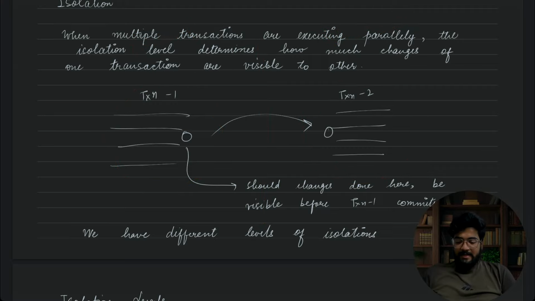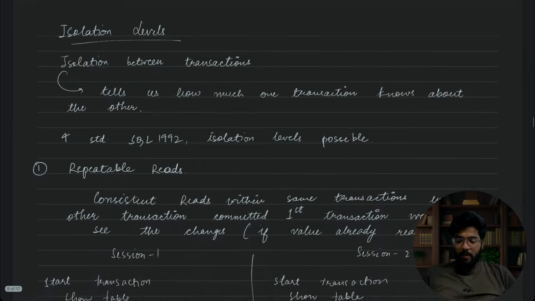So let's say something changed in this transaction. Will it be visible there or not, or should these changes be visible to other transactions before the transaction is even committed? This is, at a higher level, what isolation is. And let's talk about the different levels of isolation one by one.